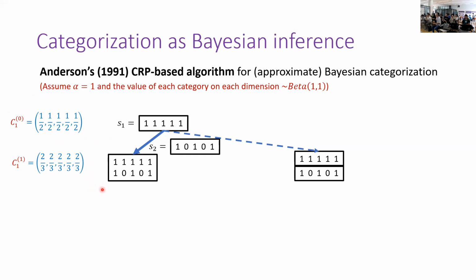And then after we have observed this stimulus, you would update the values in this category like this. It's just a kind of beta. You just update, because this process is conjugate, the beta works as a conjugate prior.